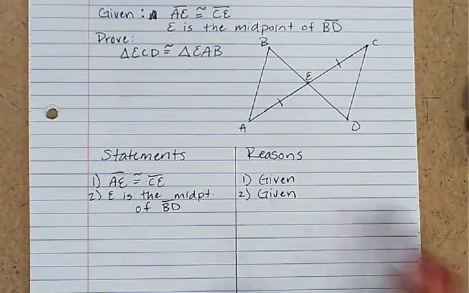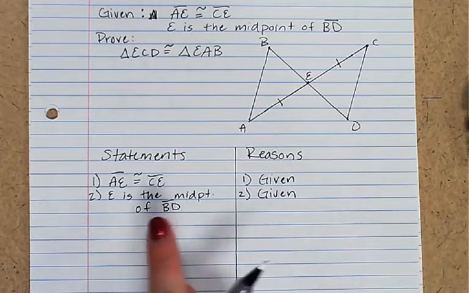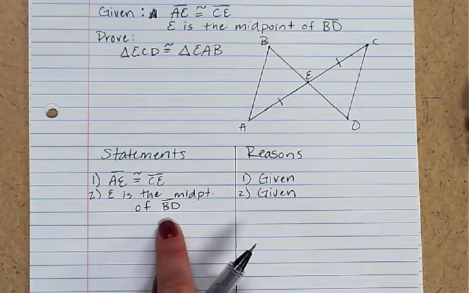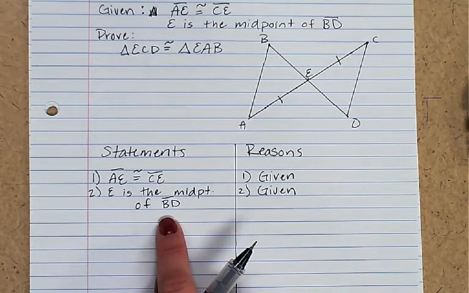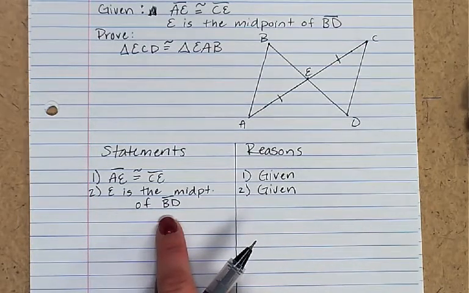Once you list the given, you need to use that to get other congruent parts. So this first one, AE is congruent to CE. Great, that's super easy. We got a congruent statement from that. Now from the second given, it says E is the midpoint of BD. Is there a congruent statement that we could make from that information?